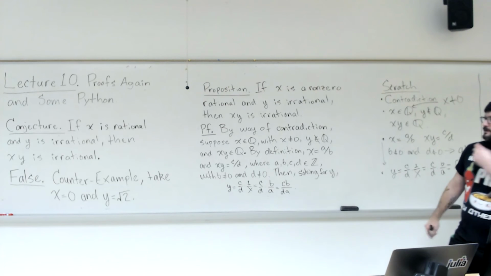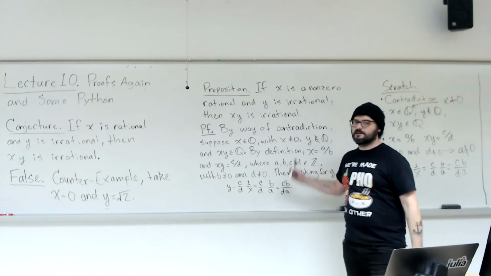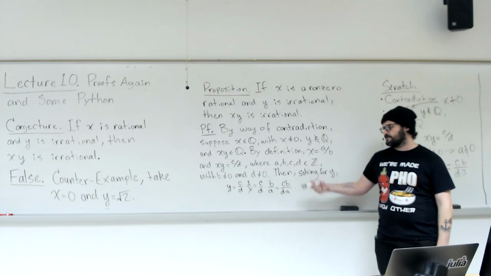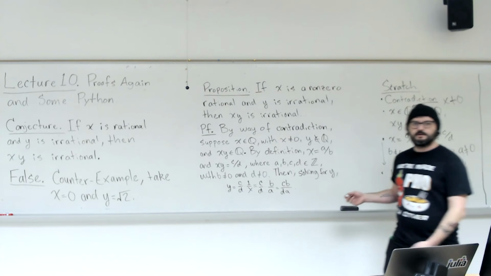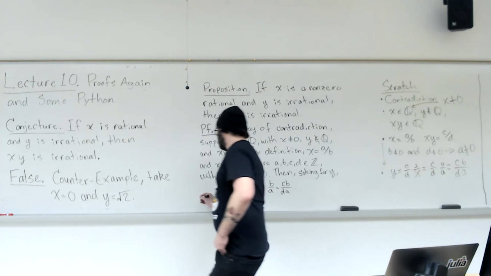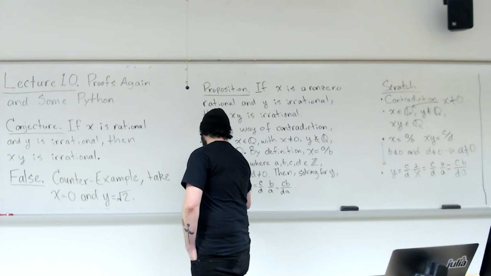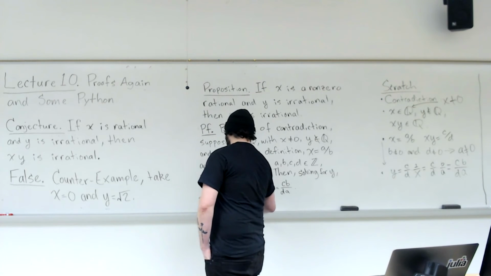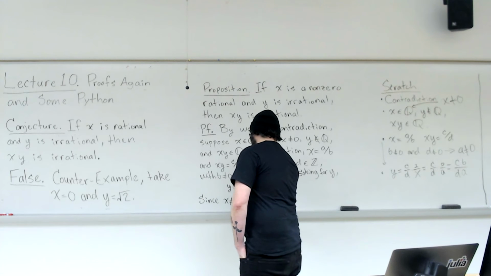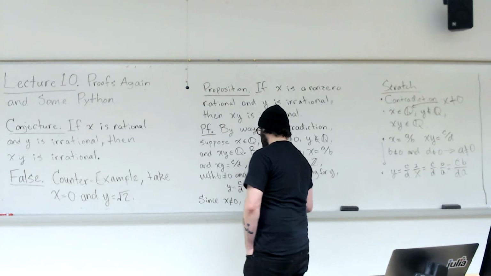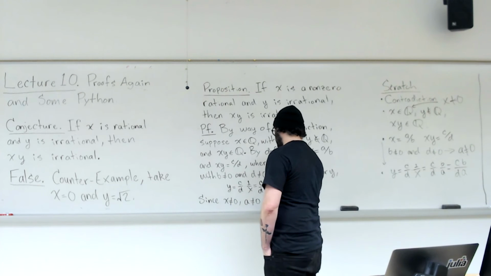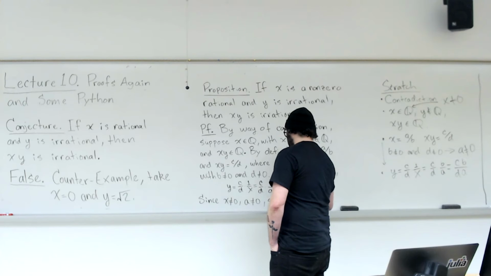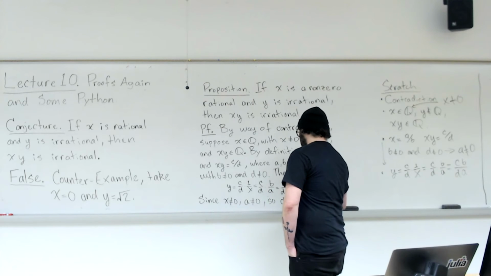Okay, so then we have to make note that X is not equal to 0, which means that A must not be equal to 0, right? So since X is not equal to 0, A must not equal 0, so D times A is not equal to 0.